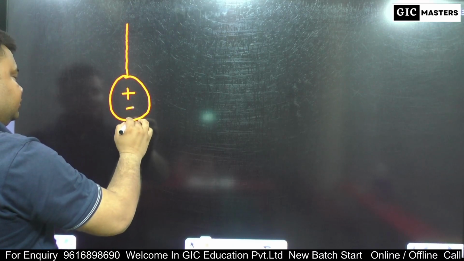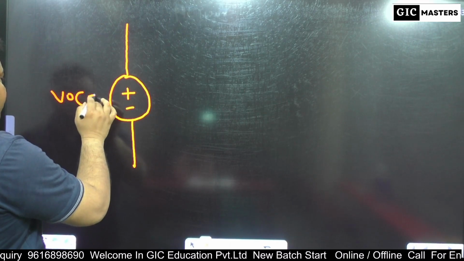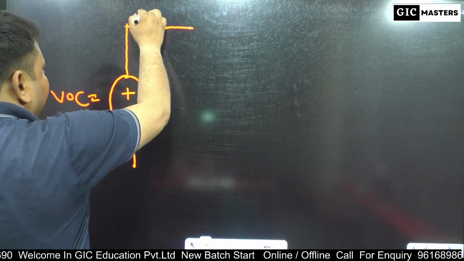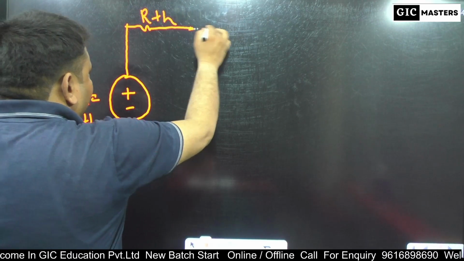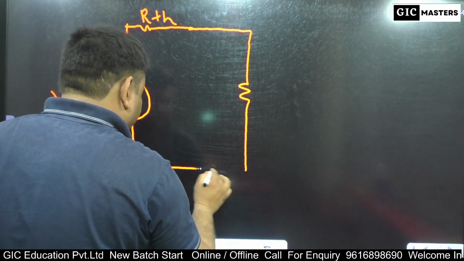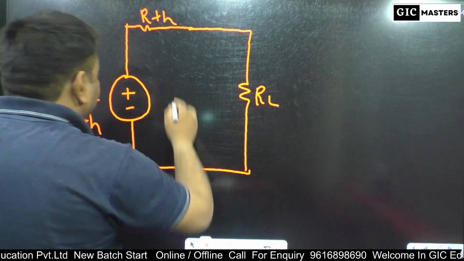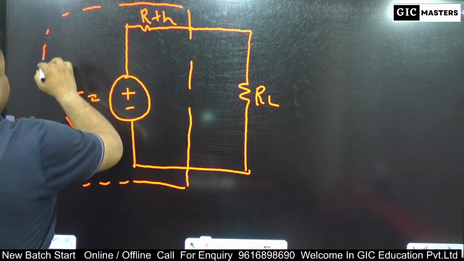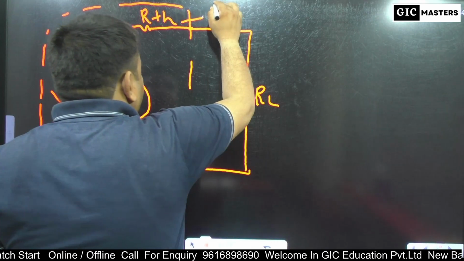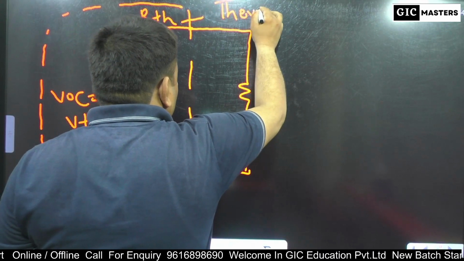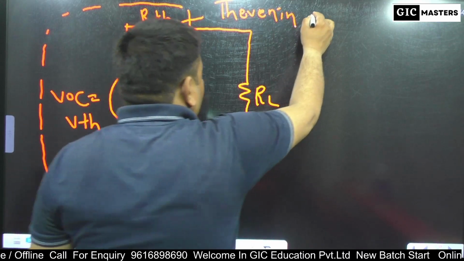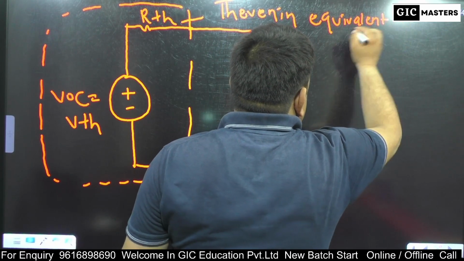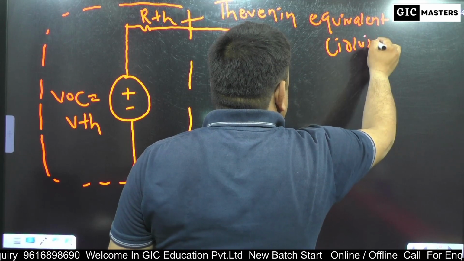This voltage is called VOC or VTH. Here we draw RTH, here we draw RL. This is called the Thevenin equivalent circuit.